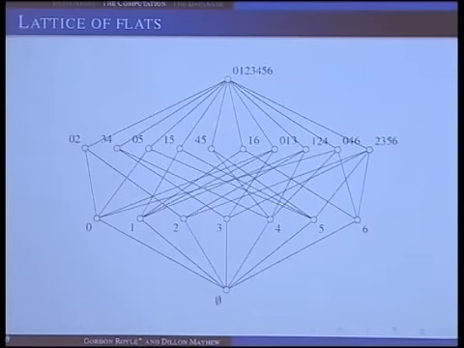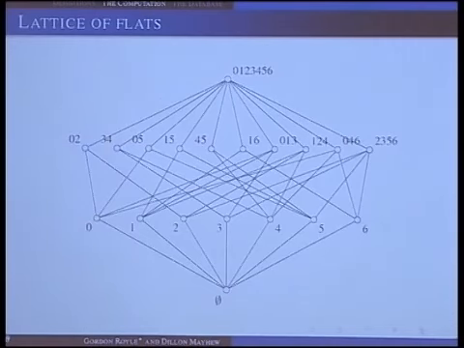If you add an element to it, it has to go up in rank, so it's got rank 3. What about the rank of 013? Well, that's there, and we already know it's got rank 2. So from the flats, the lattice of flats, you can deduce all the ranks.